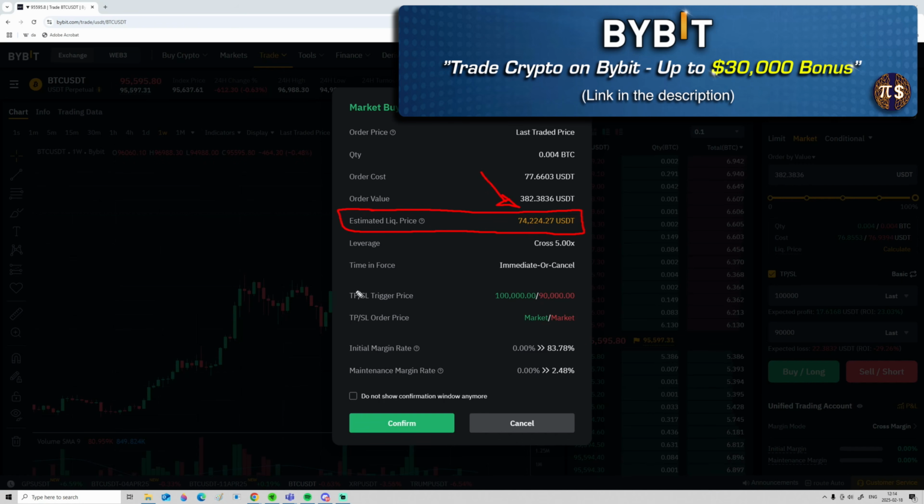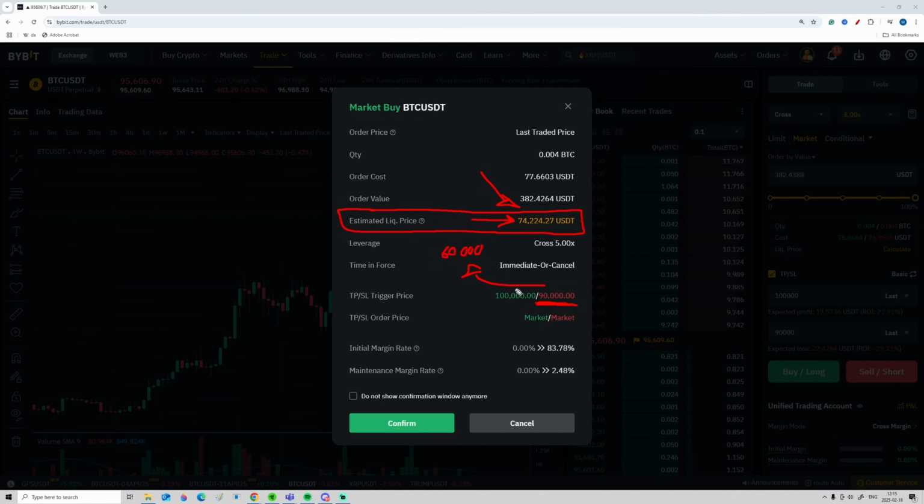And another thing I have to mention is that in this case, we set our stop loss at 90,000. So in this case, we will automatically sell above the 74,000 point. But let's say that we have done our analysis, and let's say that we set our stop loss at 60,000. In this case, our stop loss would not matter because the liquidation price is above 60,000.